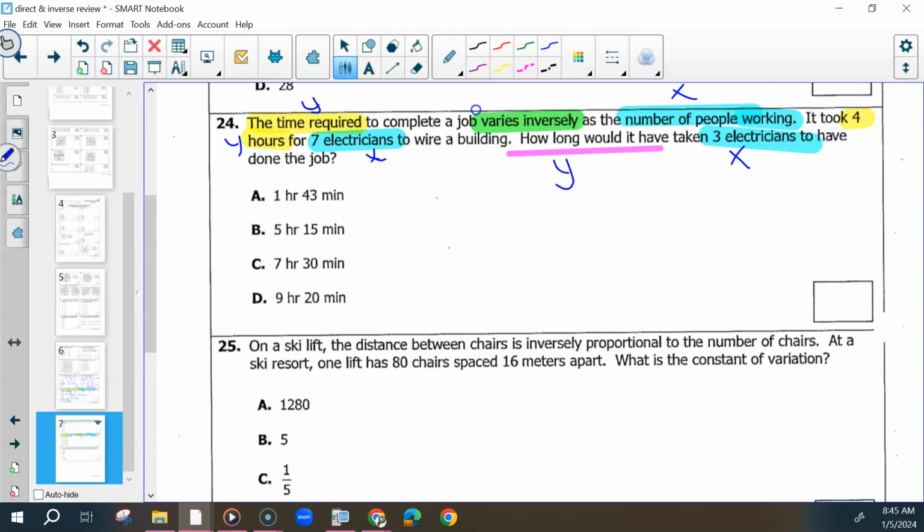But now we're in inverse mode. So how would we find K? Multiply 4 and 7. And then we would set up our equation y equals K over X, so 28 over 3.